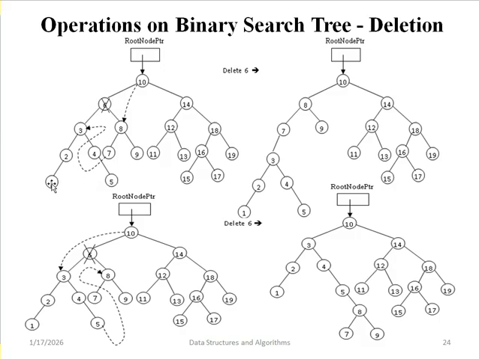So from 1 and 5, 5 is having the highest value. So to the right of the highest node, the disconnected subtree will be connected. So we can connect it to the 5, and this way alternatively we can delete node 6.